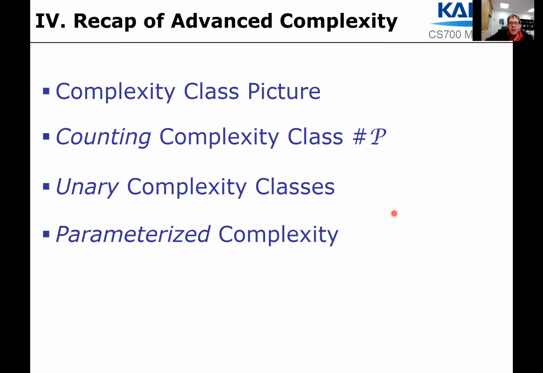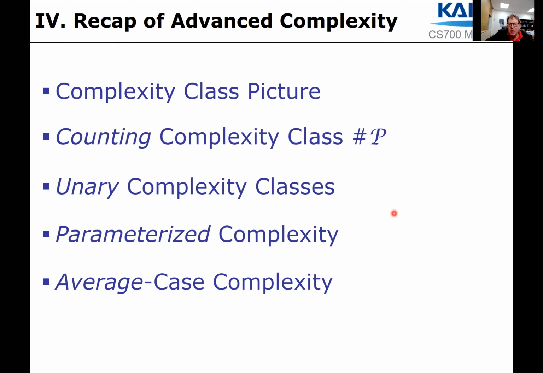We talked about parameterized complexity, where we measure computational cost in dependence on the binary integer length, and in addition, in dependence on some other parameter. And in particular, we defined fixed parameter complexity.